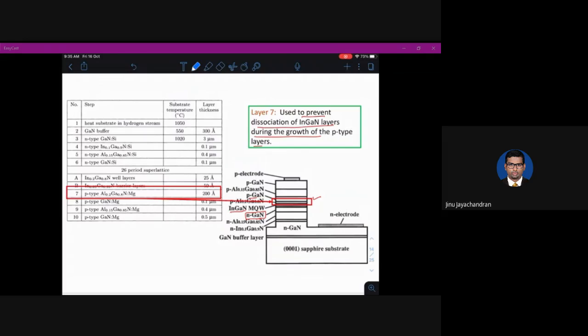Basically, the properties of p-type gallium nitride will get removed, and that will cause problems to our complete structure, and the basic principles for laser will not occur. So we should have an aluminum gallium nitride to make sure that the p-type gallium nitride layer will stick to the device. Okay, so this extra layer is for that purpose, which is layer number 7.